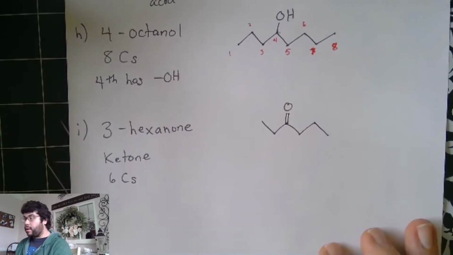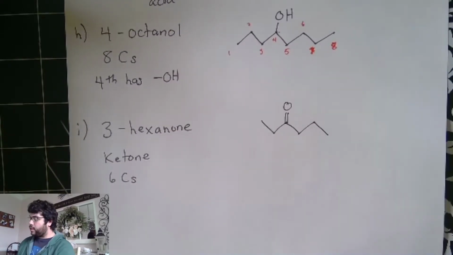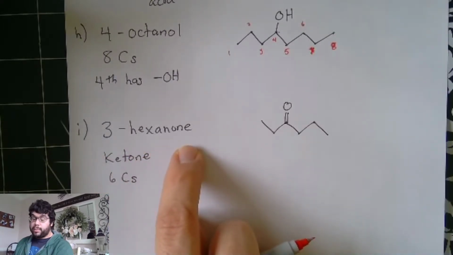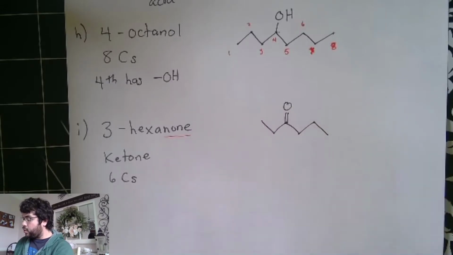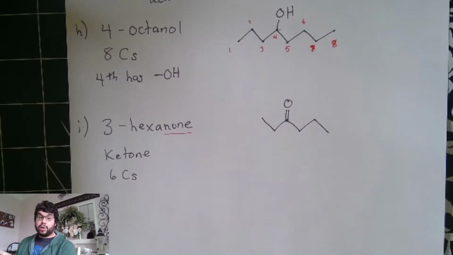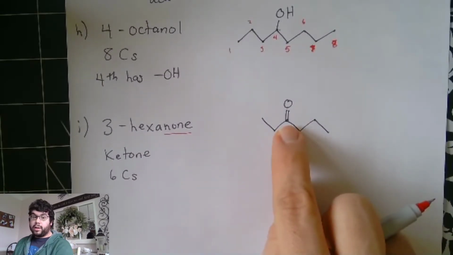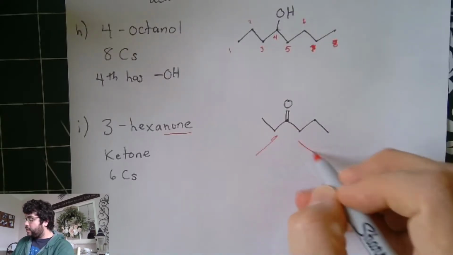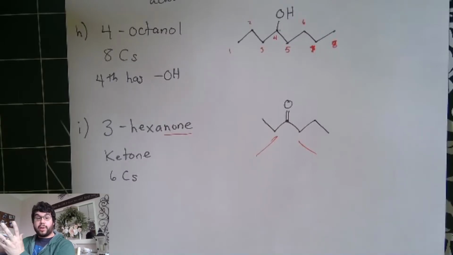And then the last one here, I believe it's the last one, yeah, for that part, 3-hexanone. Hexanone, meaning that this is going to be a ketone. So on a ketone, you're going to have a double bonded oxygen to the carbon, but both sides of the carbon are going to have some other structure, not hydrogen.